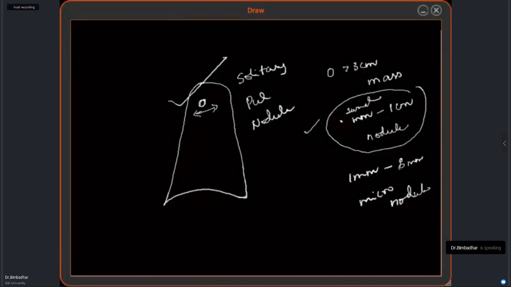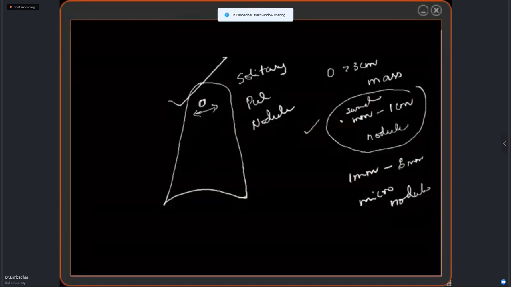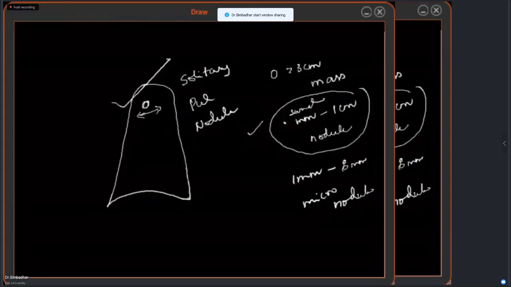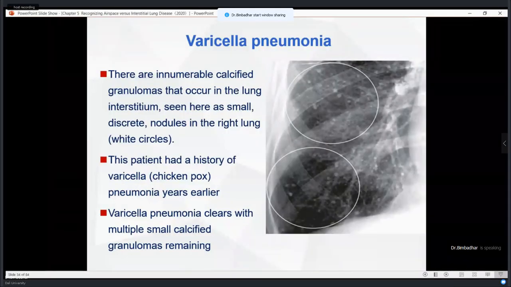Right. You see here? I can see, I understand. See here, this one shows up as small prominent calcified granulomas distributed all over the lung field.